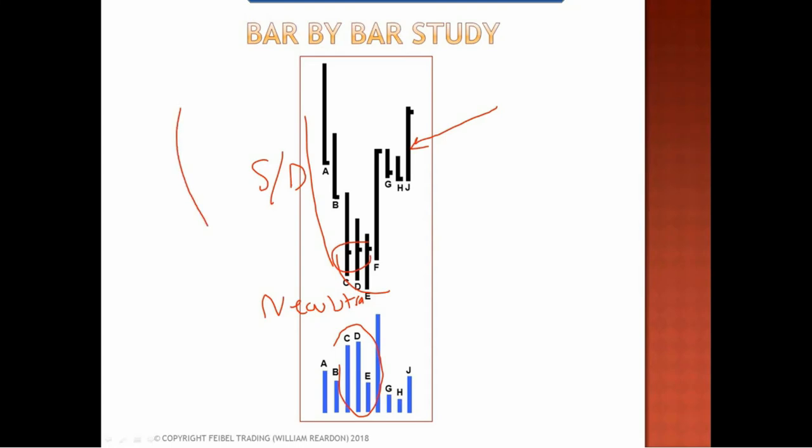We don't go anywhere, but then we drive up where demand overcomes supply on this bar. Then we get confirmation there's no supply from G and H, and this is the result of all this action. We're able to push the market up. We're able to drive the market into new highs with average volume.